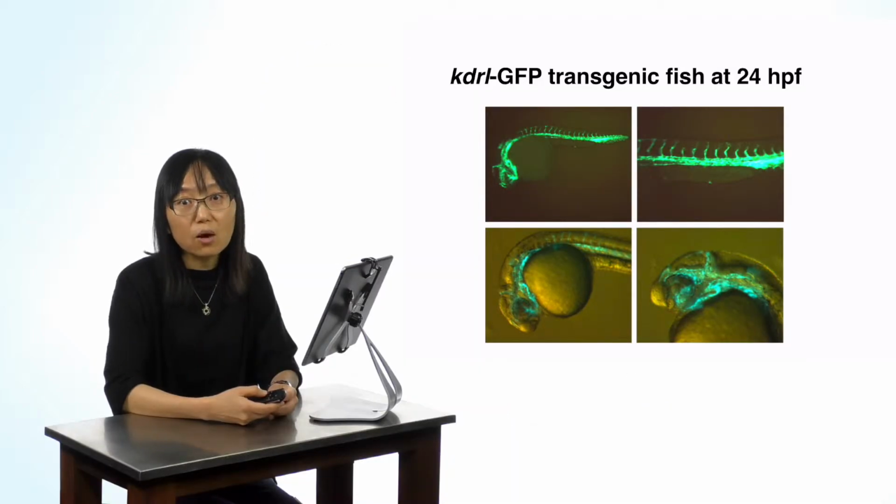Using transgenic technology, we can label specific cell types with fluorescent proteins like GFP. Shown in this slide are transgenic fish embryo in which GFP expression is driven by a vessel-specific promoter KDRL, so that you can observe how the vascular system develop real-time in live embryos.